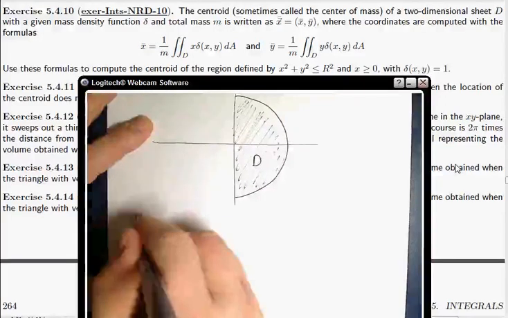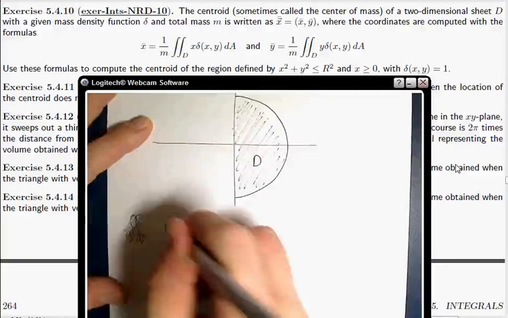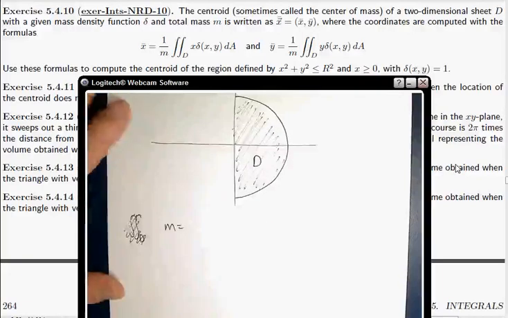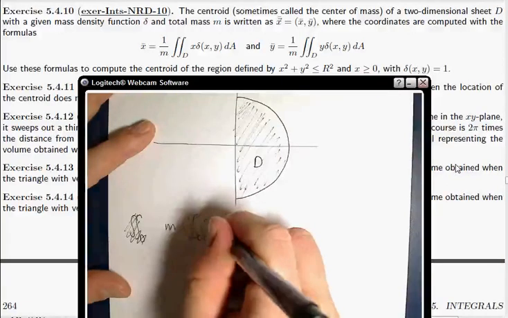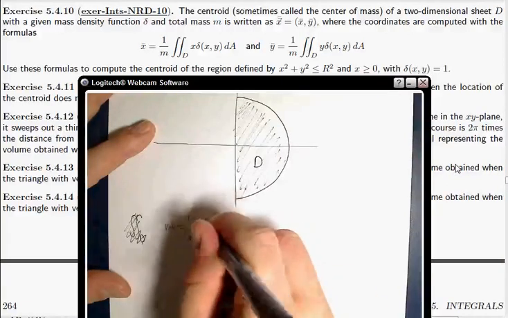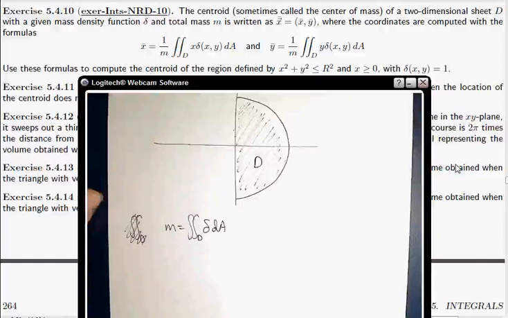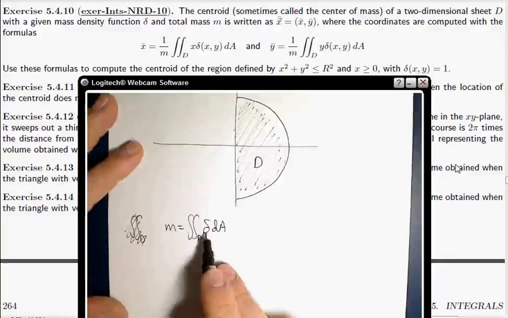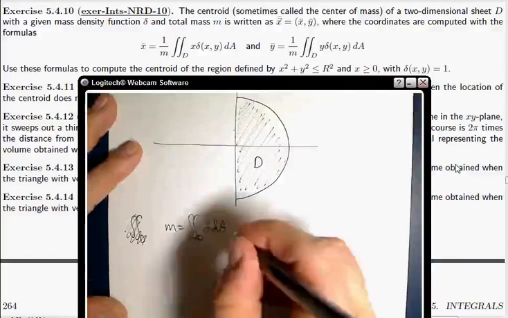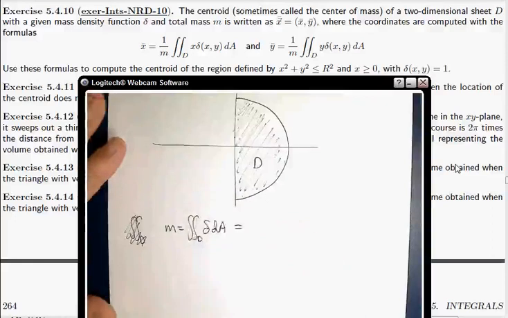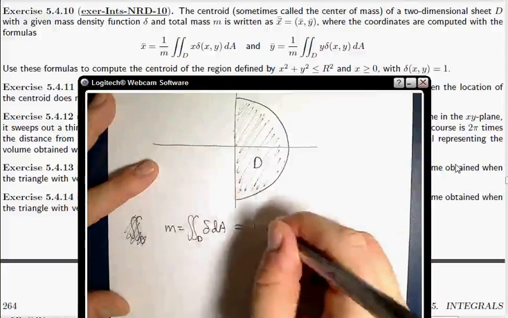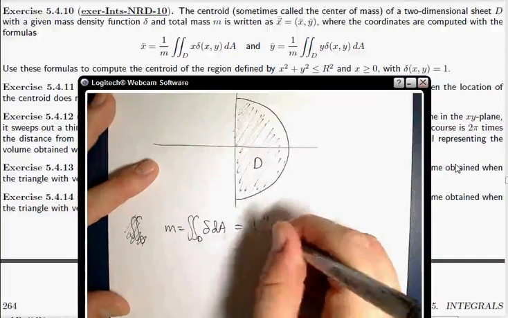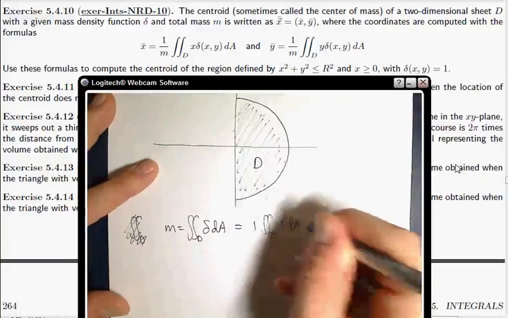The first thing we've got to do is compute the mass, because the mass is part of the formula, and the mass itself is an integral. The mass is that double integral. And conveniently, this density is constant. It's just 1 in the statement of the problem, so that density just factors out, and it's just the double integral of 1 dA.